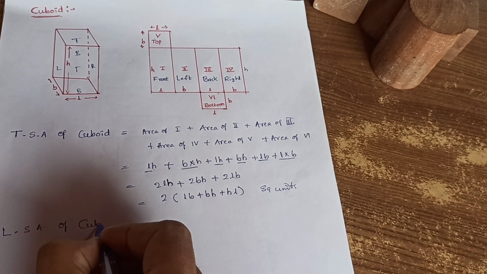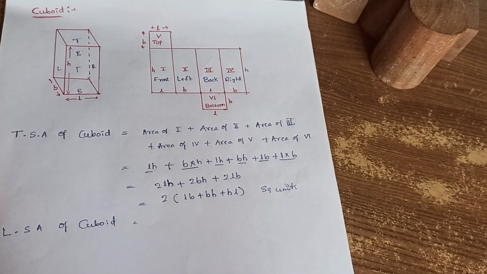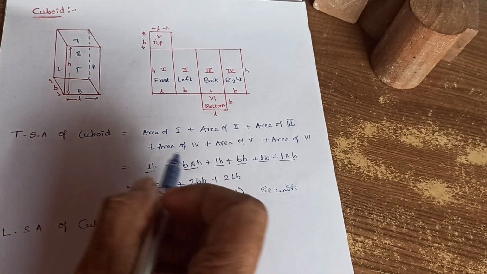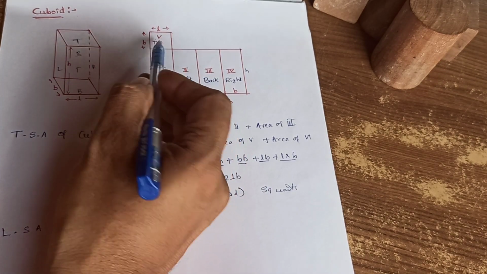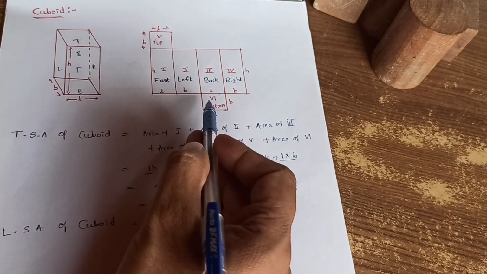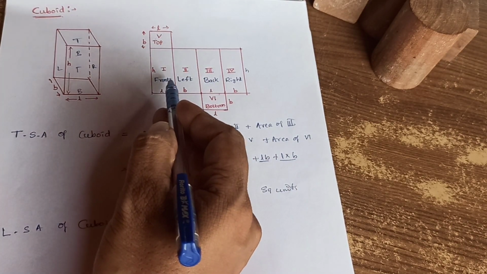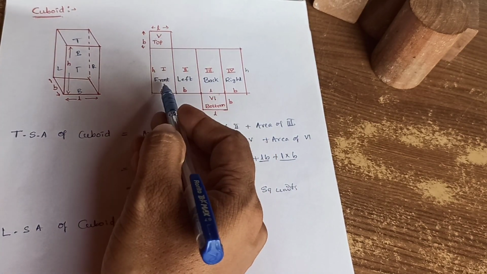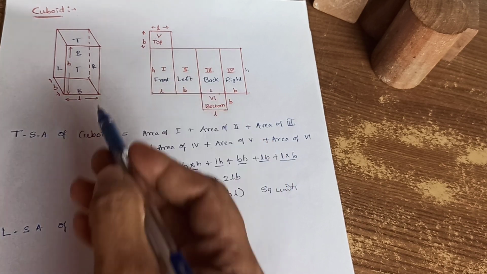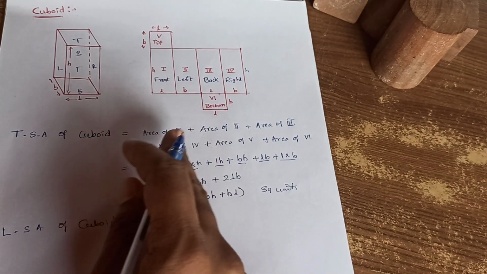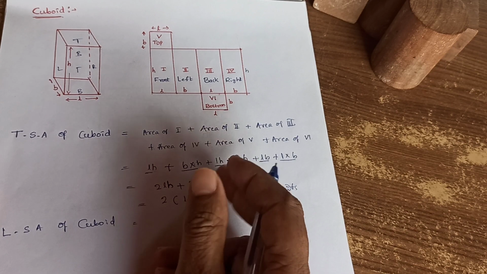How to find lateral surface area of cuboid? LSA of cuboid. We leave the top and bottom. We take the four faces. So area of 1, area of 2, area of 3 and area of 4.